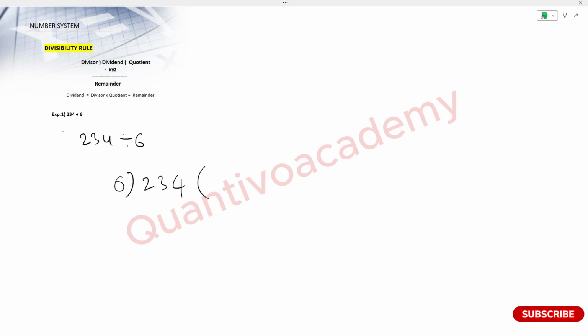Now 6 3s are 18. Then do subtraction, 5 will be the remainder, then this 4 will come here.